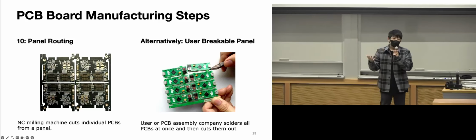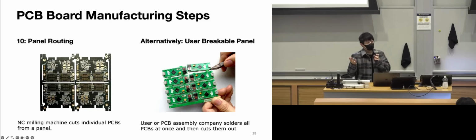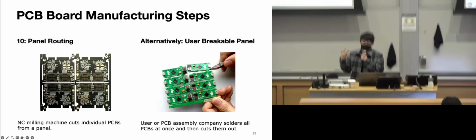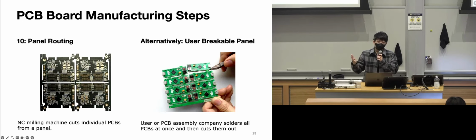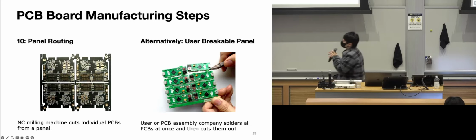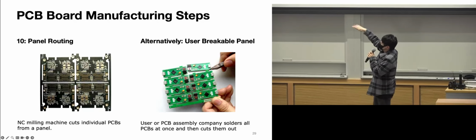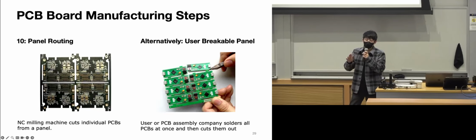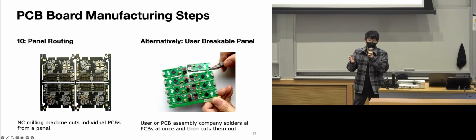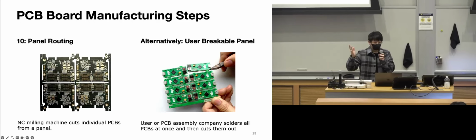And if you're from industry, you're making thousands or even way more than that of PCBs. So they usually count something like this before they roll out to you. So essentially, the manufacturer has to cut these individual PCBs from a panel they use for mass manufacturing. You can also do this by just peeling it off by yourself.